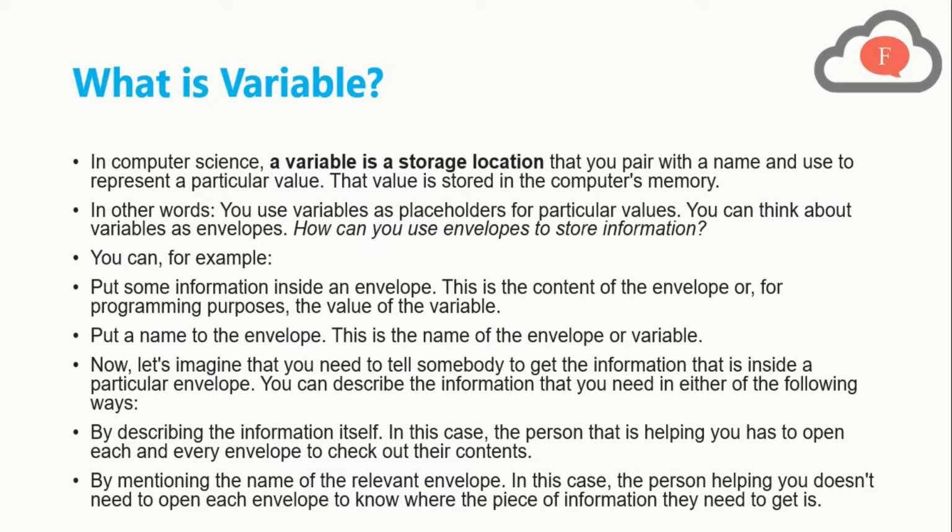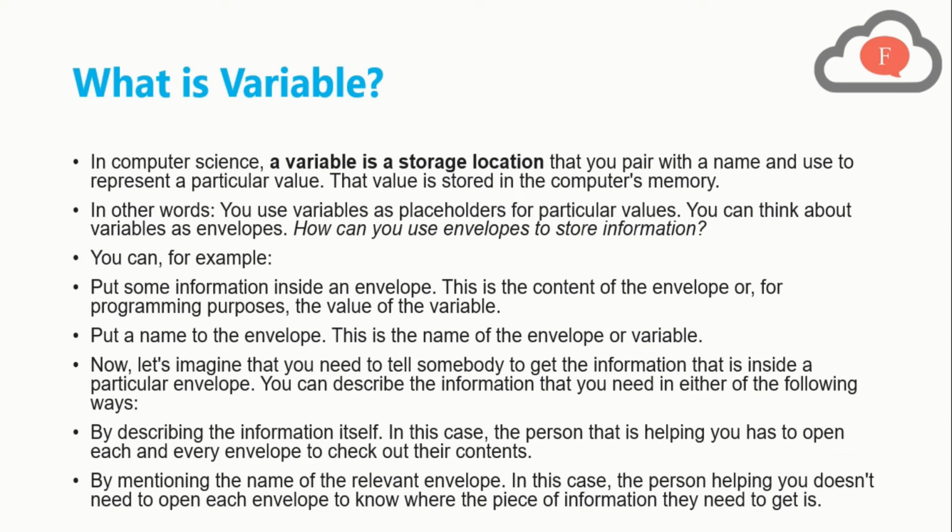So now let's imagine that you need to tell somebody to get the information that is inside a particular envelope. You can describe the information that you need in either of the following ways. By describing the information itself, in this case, the person that is helping you has to open each and every envelope to check out their content, or by mentioning the name of a relevant envelope. In this case, the person helping you doesn't need to open each envelope to know where the information they need is.